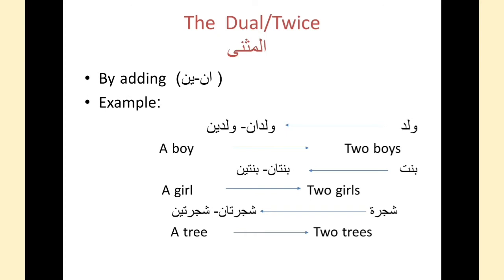Bint, which means a girl, becomes bintan or bintain, which means two girls. There is a rule for adding alif wa noon and ya wa noon, but we'll not mention it in this video. The third example is shajara, which means a tree, becomes shajaratan or shajaratain, which means two trees.